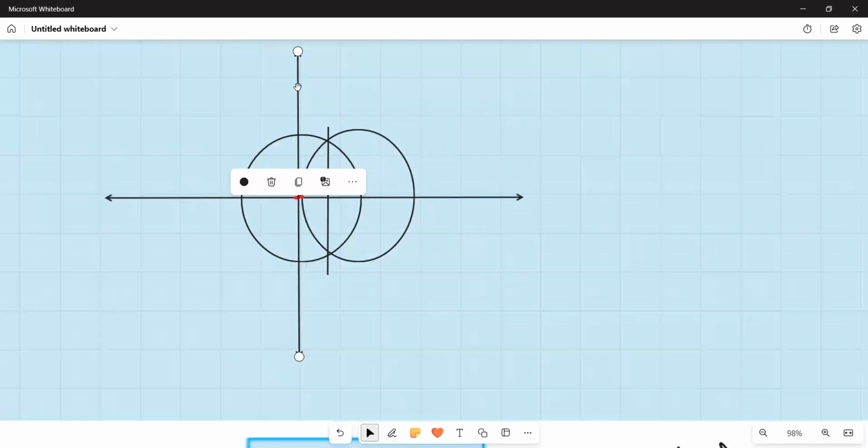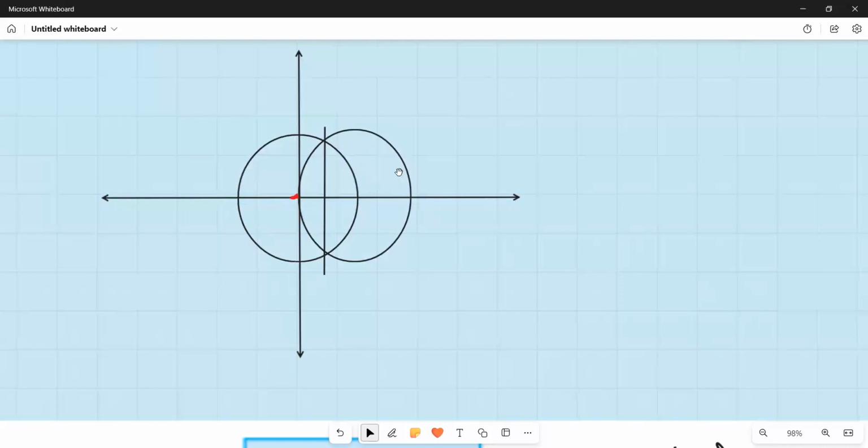Let me try to bring this line over here. So you need to find out this area.